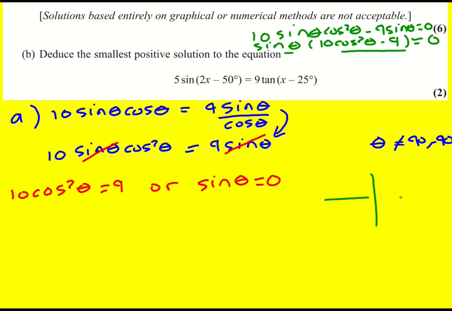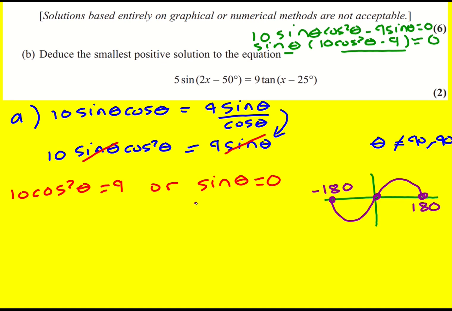Okay, it's kind of the easiest one to deal with. Don't even need a calculator for it because sine is going to look like this, but remember it's between minus 180 and 180. So it's going to hit 0 in three different places. You can do inverse sine on your calculator and then do 180 minus and so on.